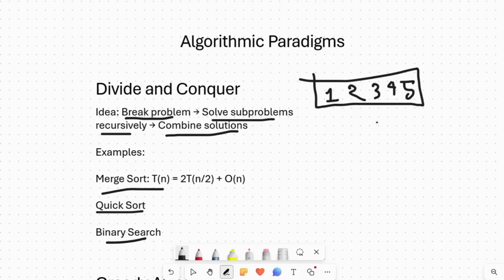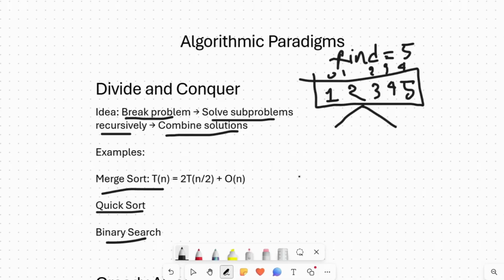Now we have to divide this into two parts. Let's find the index number of 5. This is index 0, this is 1, this is 2, this is 3, and this is 4. So 5 is in index 4.